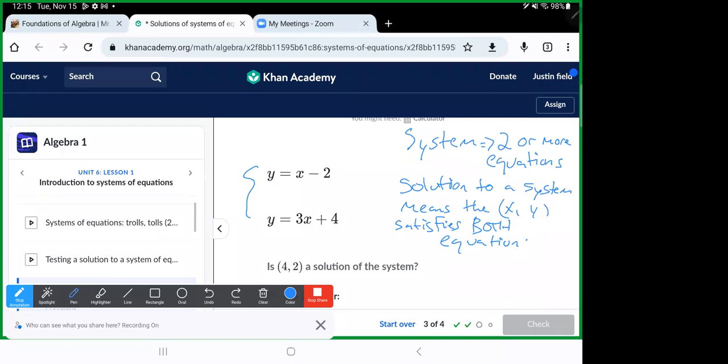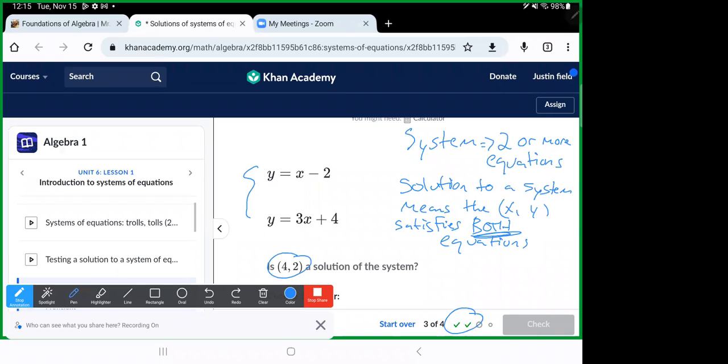So an ordered pair, like this guy right here, is a solution to an equation if it satisfies the equation, right? And so it's a solution to the system if it satisfies both equations. Makes sense, right? So let's see if this one works.